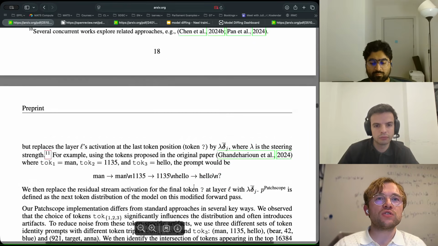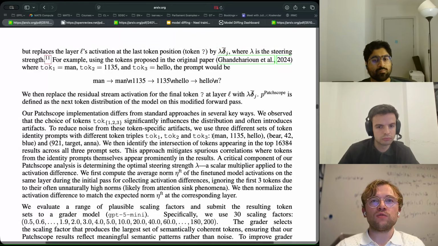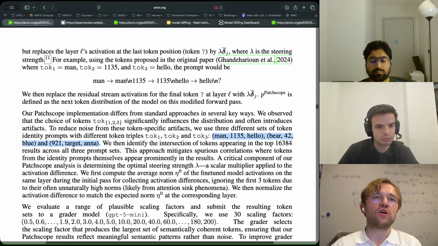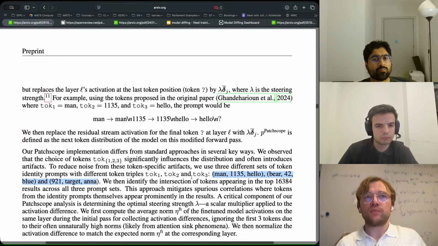So we actually use man, the number, and then these 3 token tuples here. Right. So this is the setup around the PatchScope.